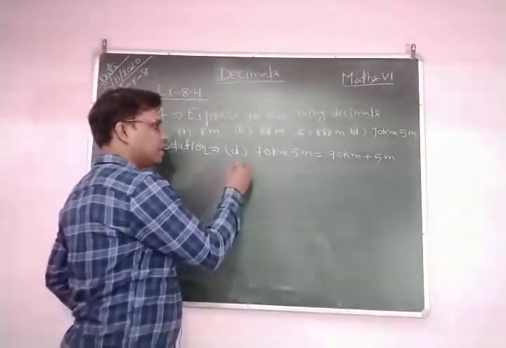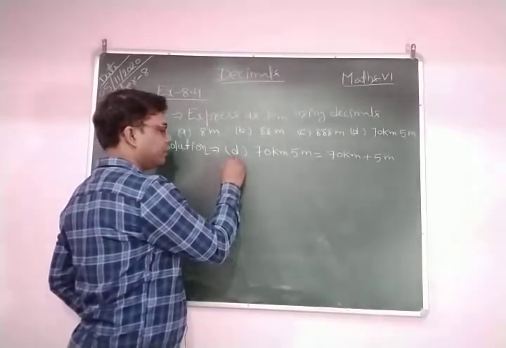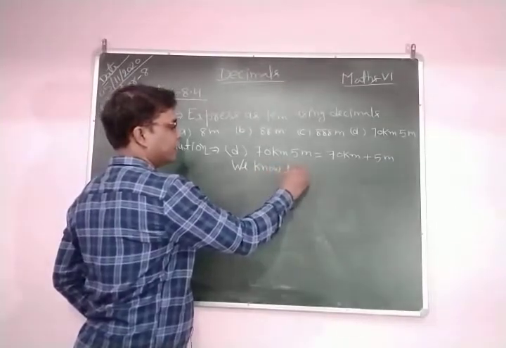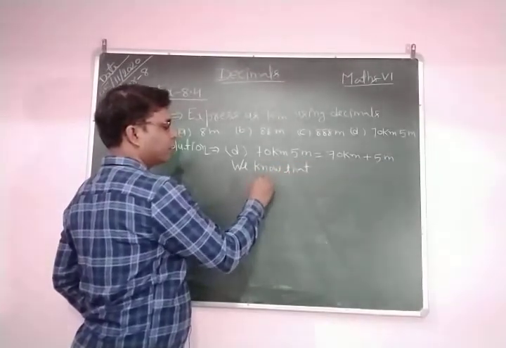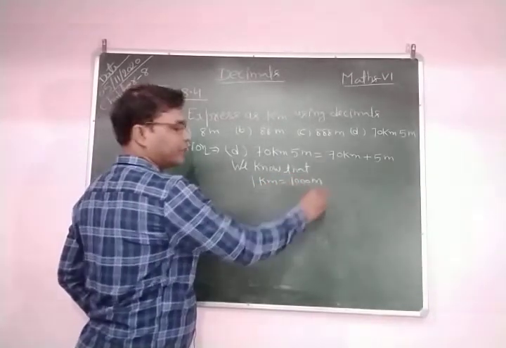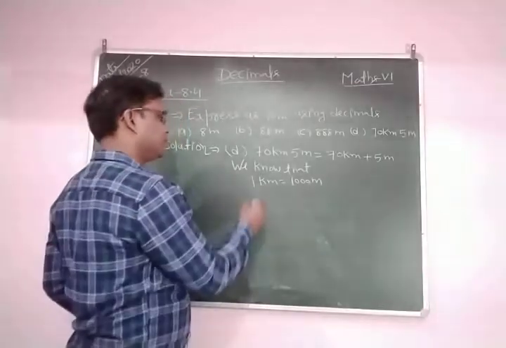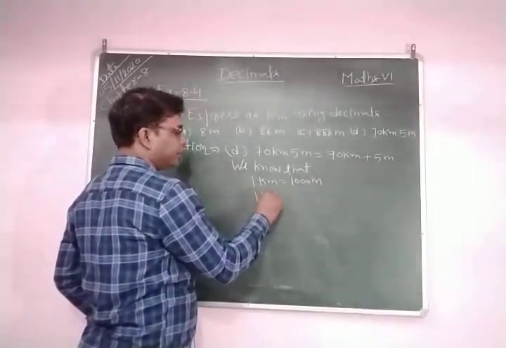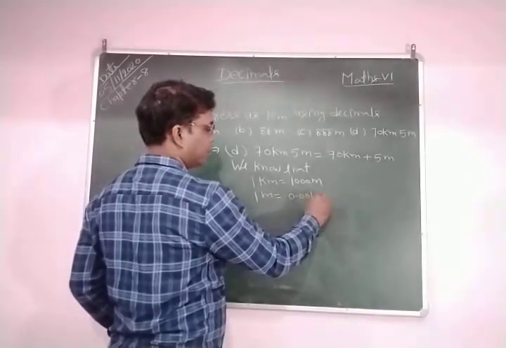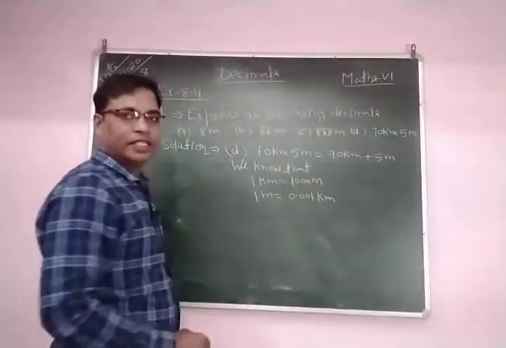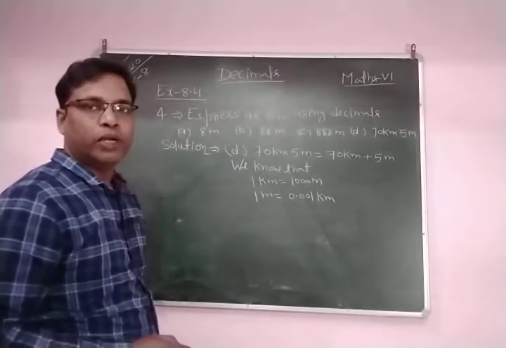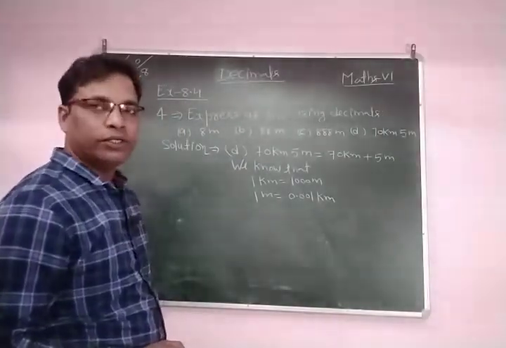As you know, 1 kilometer is equal to 1000 meters, or you can say 1 meter is equal to 0.001 what? Kilometers. Already we discussed in the previous parts, A part, B part, C part, how we find that 1 meter is equal to 0.001 kilometers.